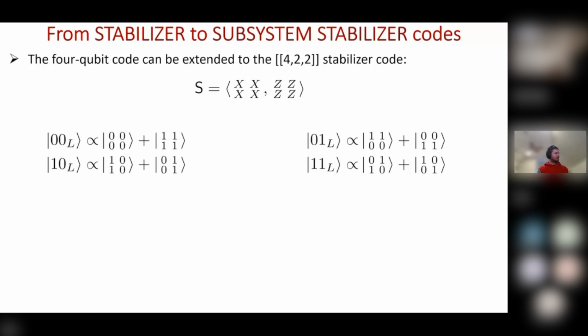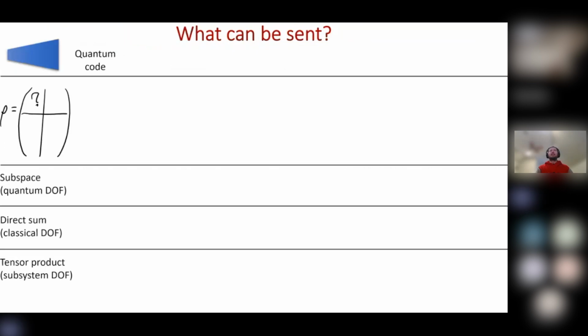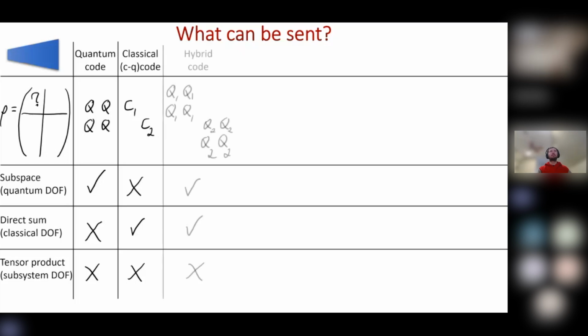So I began the subsystem code discussion a little bit last time, trying to talk about what all can be sent, what kind of information can be sent in the Shannon paradigm. And we covered quantum codes, which are corners of the Hilbert space, classical codes where if you kill the coherences, the remaining pieces allow you to send classical information.